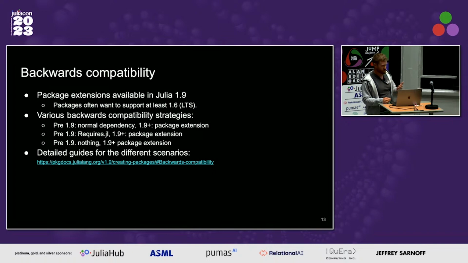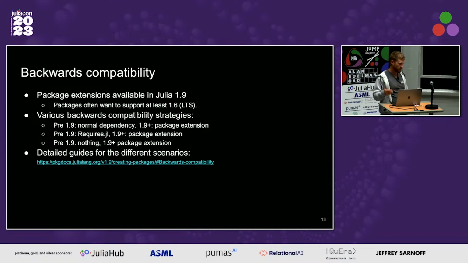One example is that before 1.9 you want to have a dependency as a normal dependency, but after 1.9 you want to have it as a package extension. Another is that before 1.9 you want to use requires because you used to use that and it worked pretty well, but on 1.9 plus you want to switch over to a package extension. And the last one is that pre 1.9 you don't want to load it at all, but on 1.9 you do want to use it as a package extension.